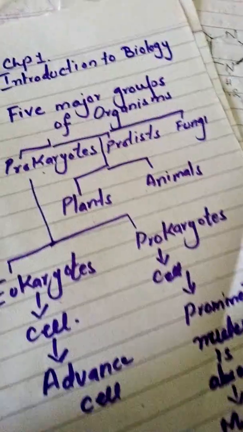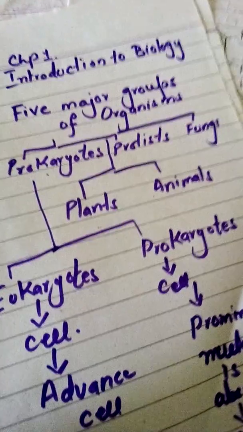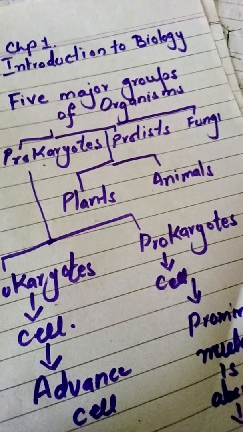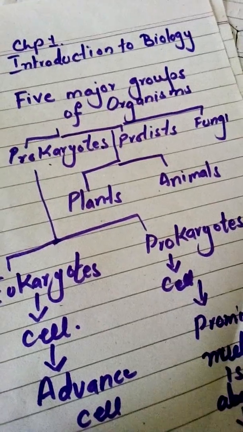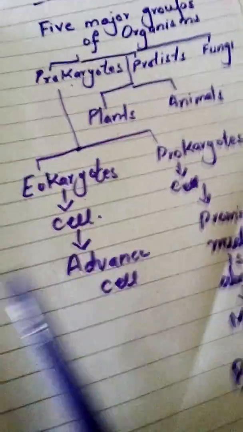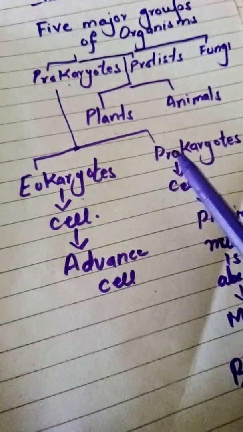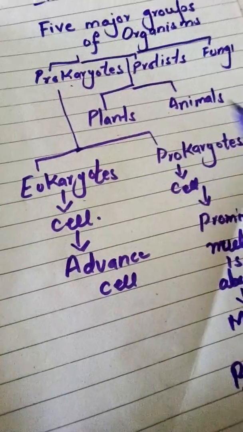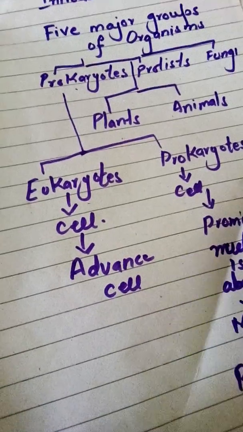Okay, cell organization in living organisms. The cell organizes in three ways to make the body of the organism. Cells make unicellular, multicellular, and colonial organisms respectively.